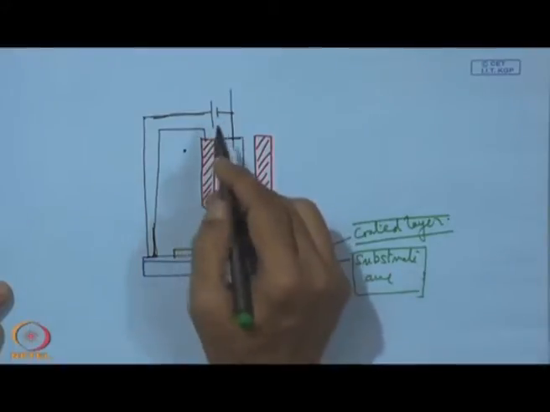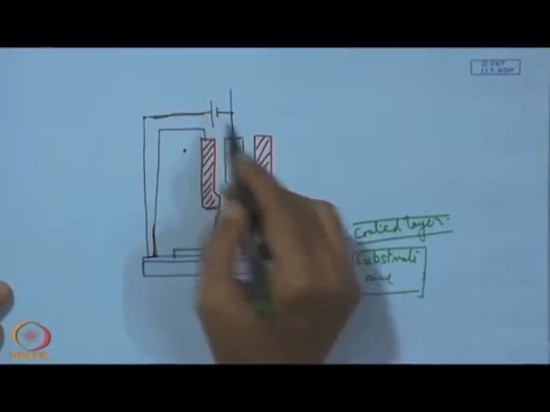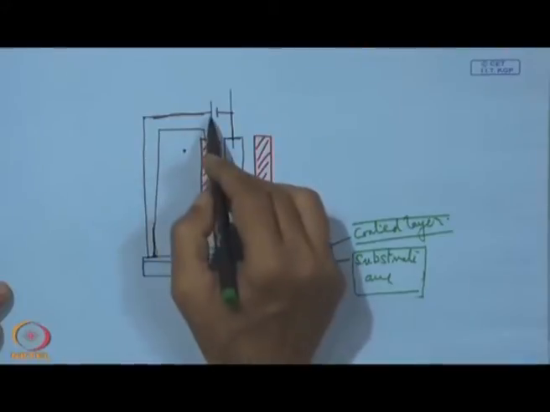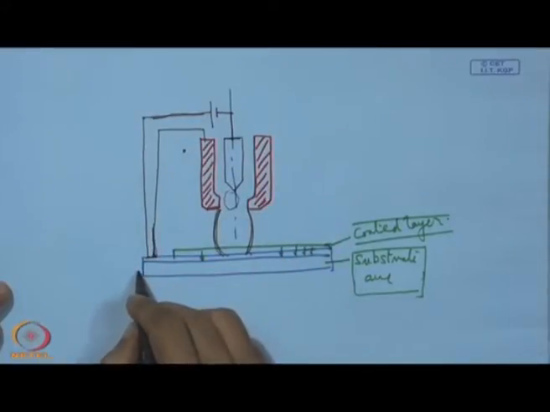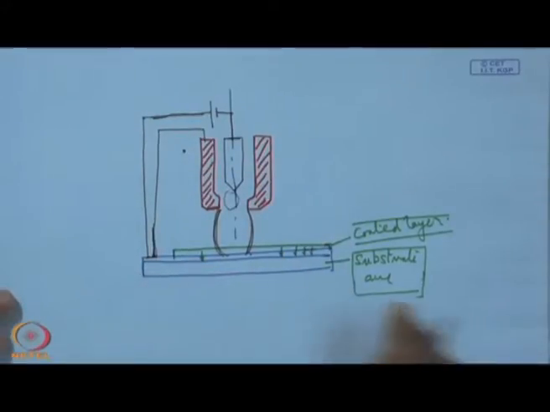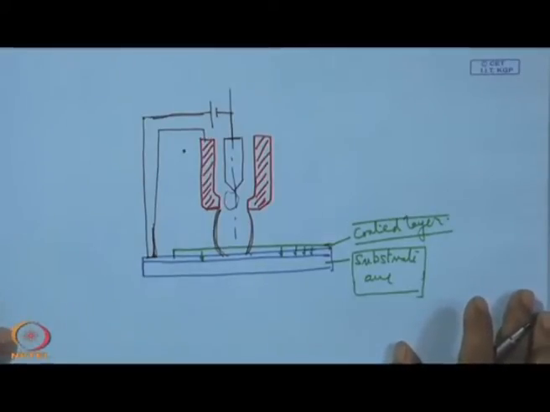So, here we see that the arc is transferred here and the substrate is also polarized by this process. So, this is plasma transferred arc.